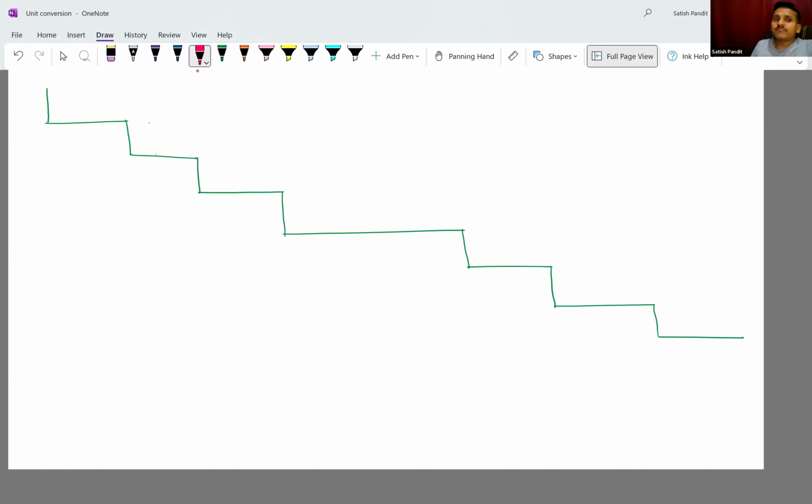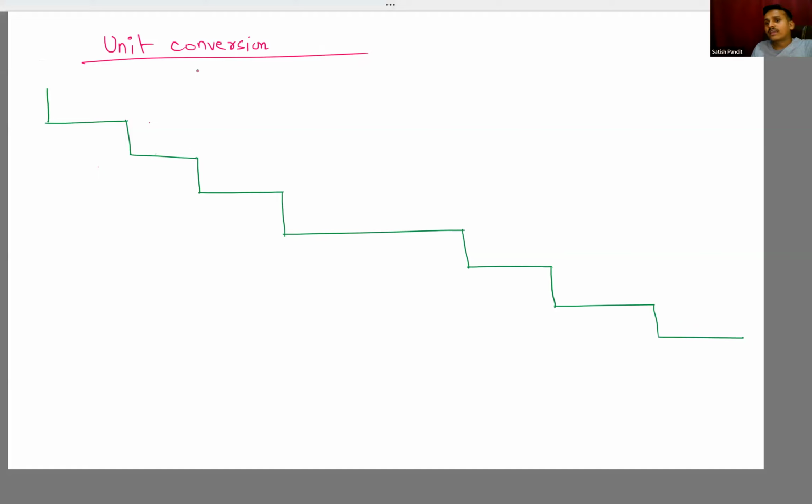Now on each step, I will write something. Here I'll write milli, centi, deci. And here I have the base unit. The base unit may be anything. It may be meter, liters, or grams. In this chapter, we are going to use only meters, so I'm going to put meter here.